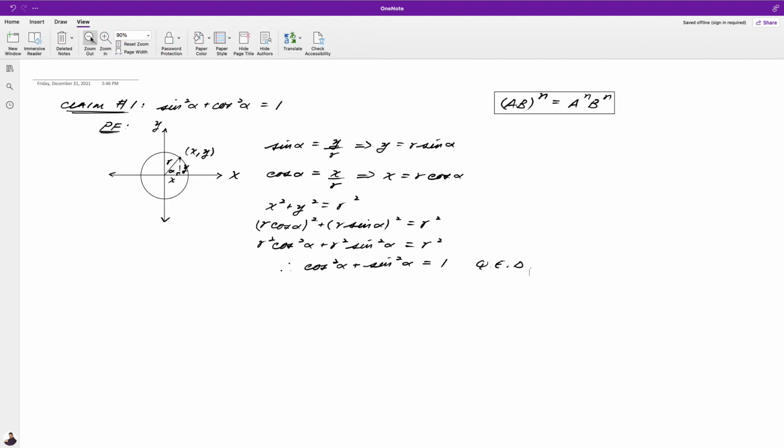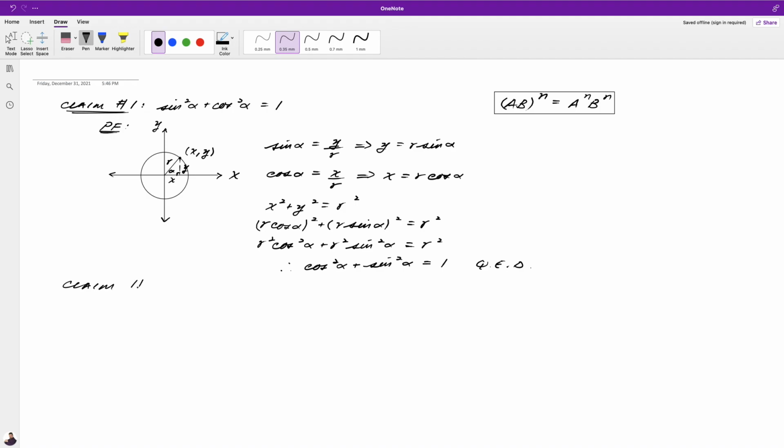Not so bad. Let's go ahead and zoom out. Now, claim number 2 that we're going to try to prove here is that tangent squared alpha plus 1 is equal to secant squared alpha.